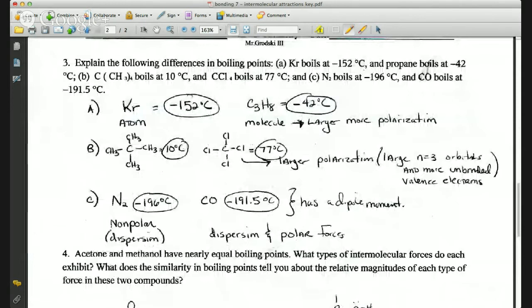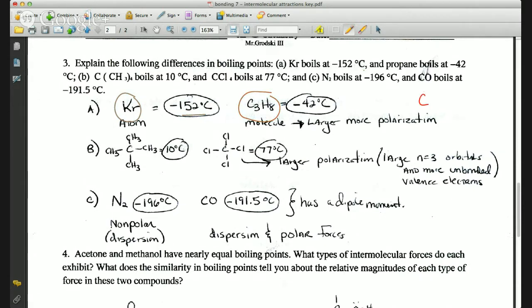Well, krypton boils at -152. We know it's a gas at room temperature. It doesn't bond with anything. It's just an atom, so it's nonpolar. So it has London dispersion forces. Okay. And propane boils at -42. Well, propane is more polarizable because it's a what?